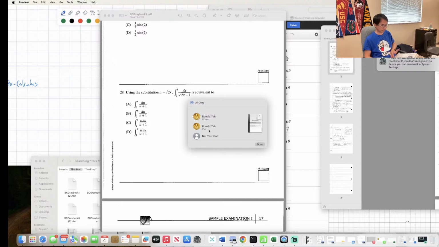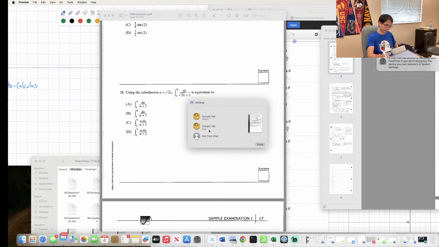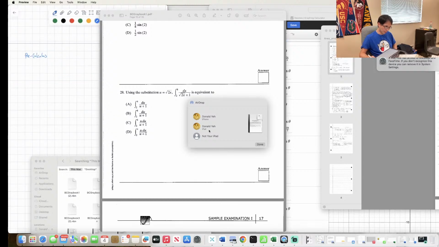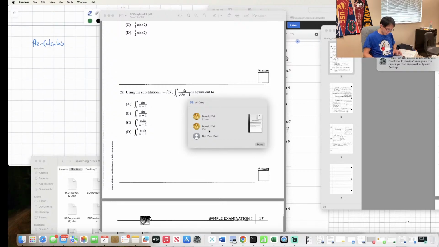I'm gonna get Dora. You did a lot more than drop. Yeah, I dropped my computer too. I dropped my computer. Is this your phone too?